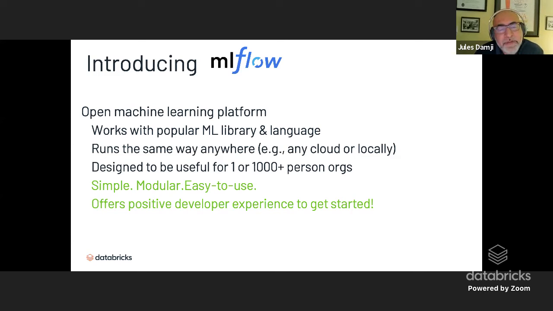But particularly, we wanted to make sure that it was useful for one or n+1, for a small organization or for a large organization. But more important, I think the imperative was that it had to be simple. It had to be modular. In other words, you didn't want it to be a monolithic thing. It had to be easy to use. And the focus was on the best developer experience.